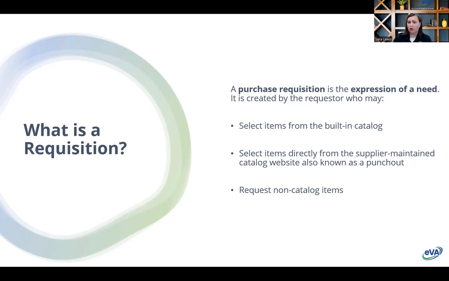So today we're going to talk more about requisitions that start as a non-catalog item. That's anything that doesn't fall into the built-in catalog or the punch out catalog. Again, just as a reminder, a requisition is that expression of a need. You want to purchase something, and the requisition is the documentation of that request.